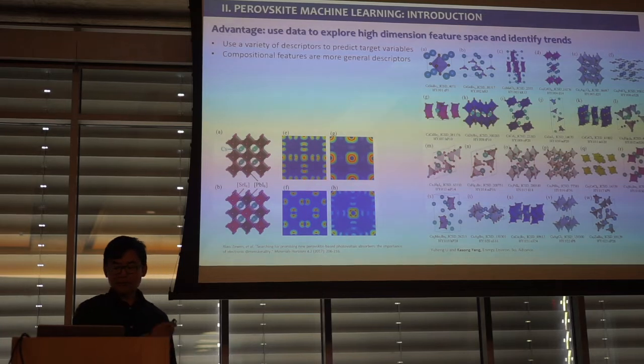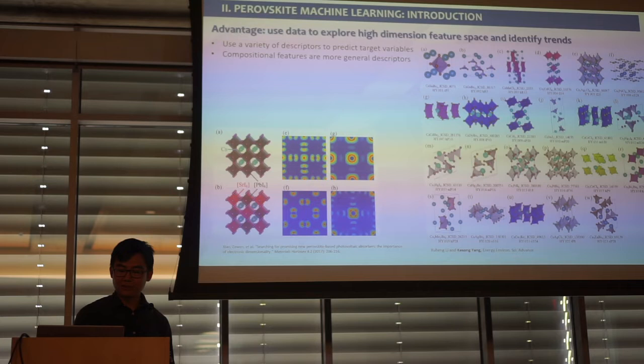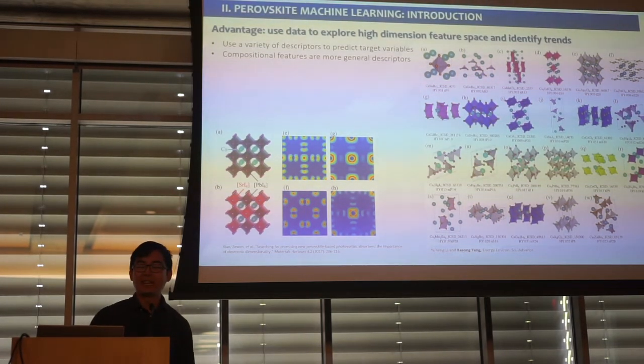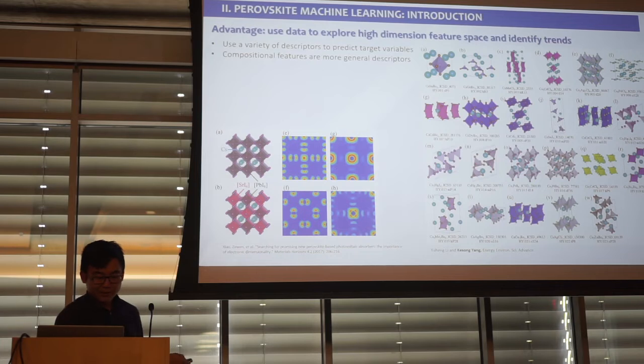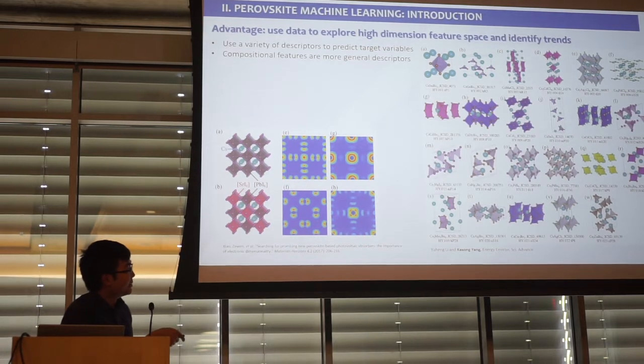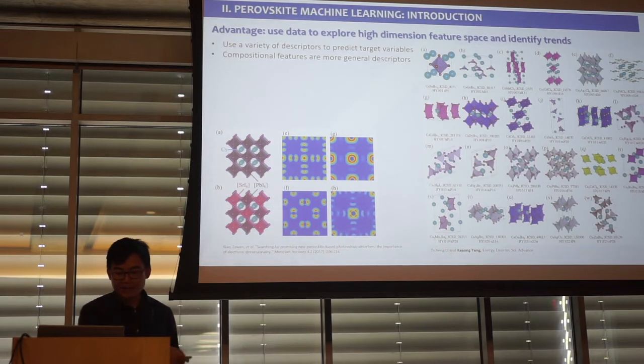Okay, so the advantage of machine learning is that you're able to use data that has been previously generated to explore a very high dimensional feature space, and you're able to identify trends in those features. So you can use a variety of descriptors to predict your target variables. So these could be things like bond angle, atomic composition, and different things like that.